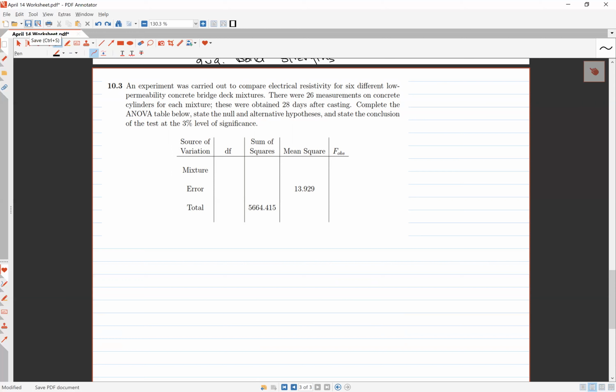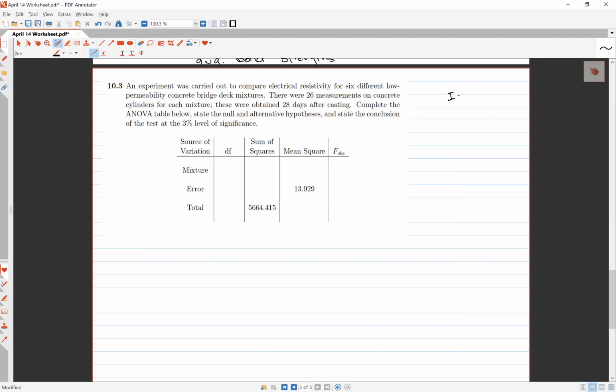So here we have summary measures for an experiment that was carried out to compare the electrical resistivity for 6 different low permeability concrete bridge deck mixtures. Say that fast 5 times.